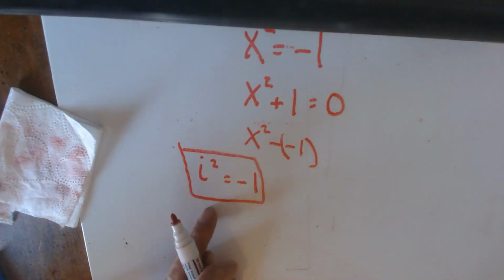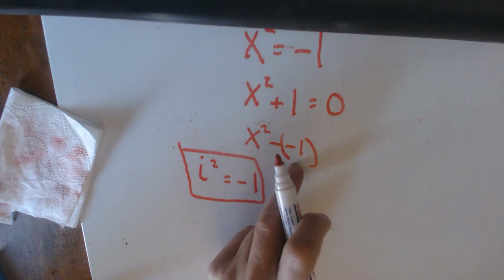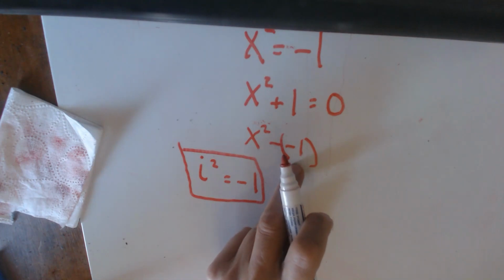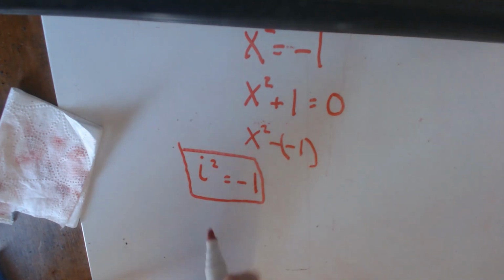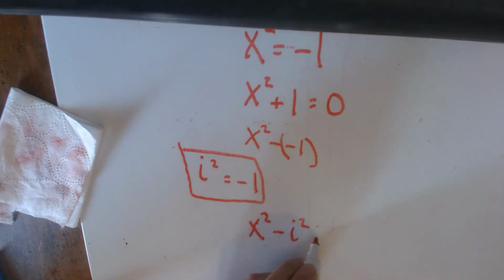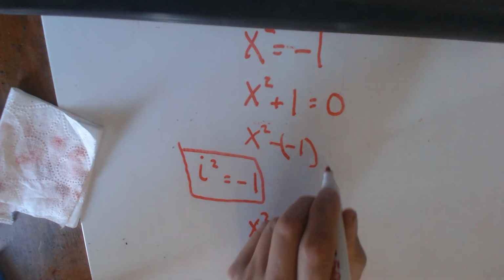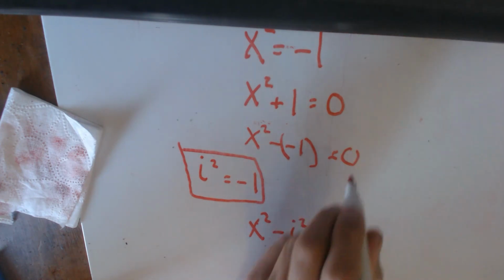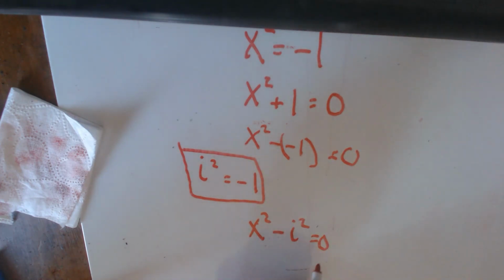So you substitute here -1 with i squared. So you have x squared minus i squared equals 0. And now you can use the rectangle once again.